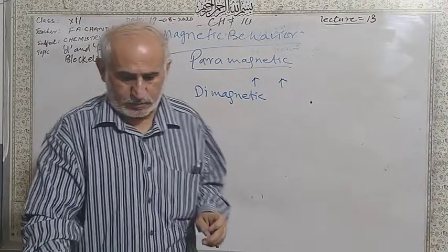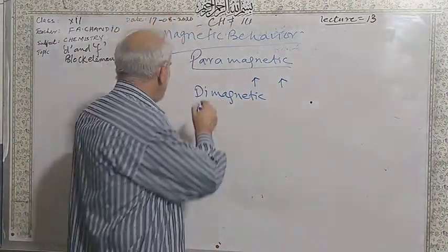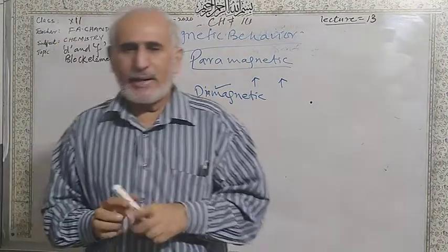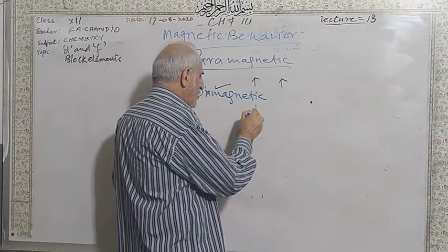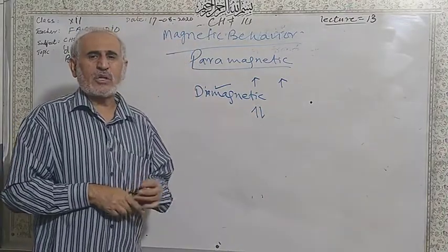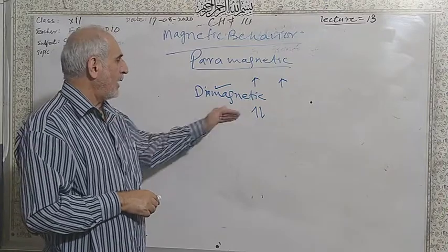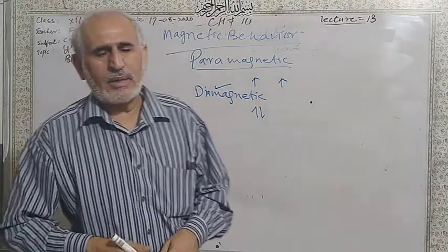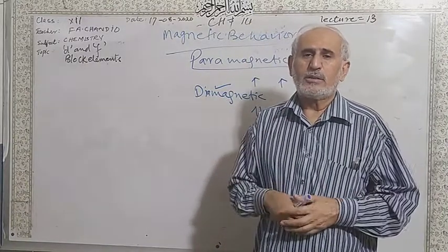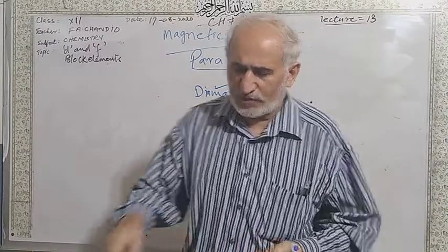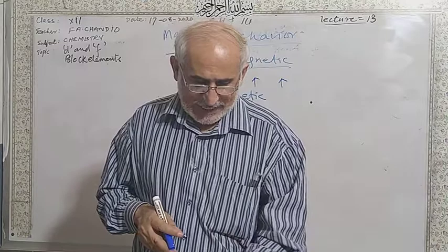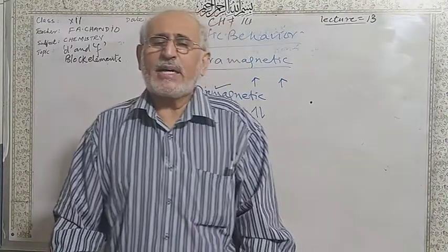Diamagnetism is due to paired electrons, and these elements and their compounds are weakly repelled by the magnetic field. There is no attraction, repulsion is there. They are slightly repelled by the magnetic field.